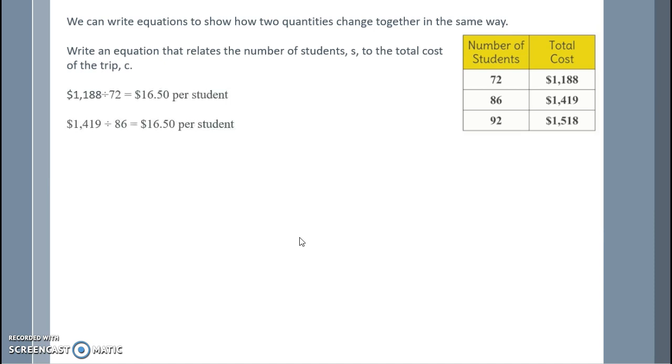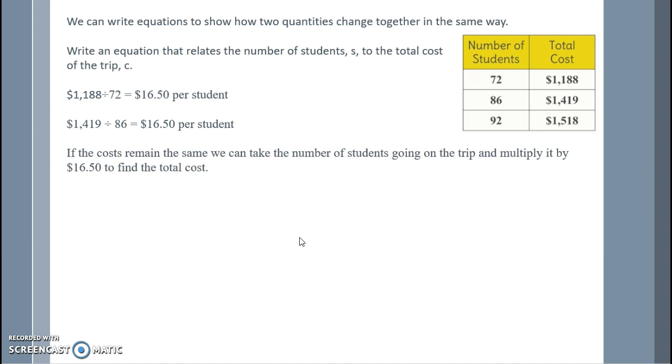So we can take $1,188 divided by 72 students. We see that it's $16.50 per student. Further, that should be the same, I would hope, when I do 1,419 divided by 86 students to get $16.50.